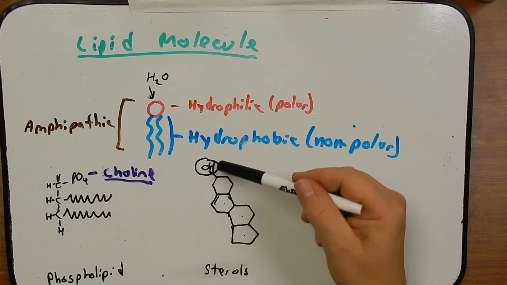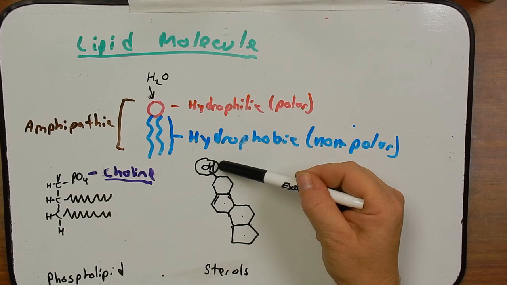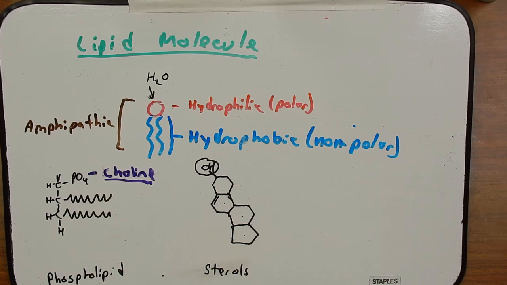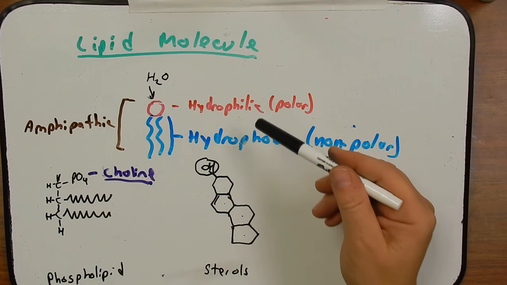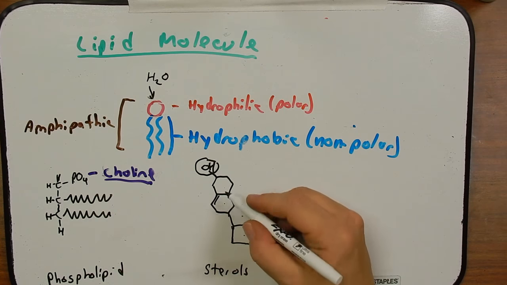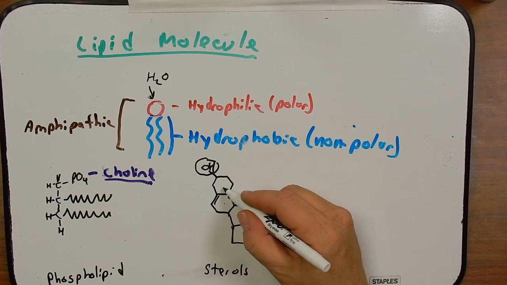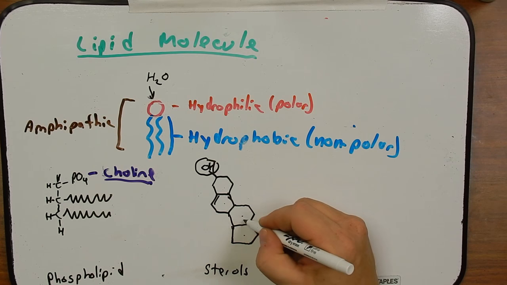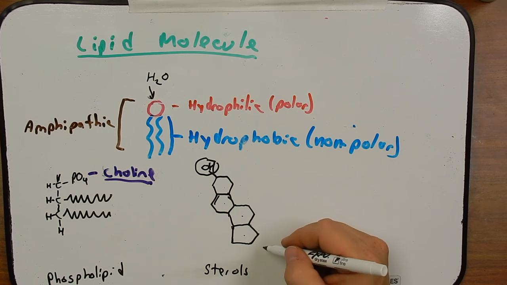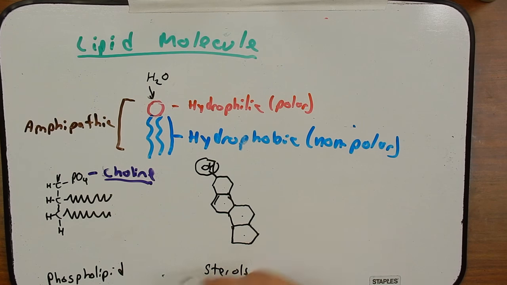I want to make sure I point that out because this is the hydrophilic portion of the sterol right there. So remember, all lipids are going to have a hydrophilic and a hydrophobic portion. Hydrophilic, hydrophobic. You'll also notice that these rings, there's 3 6-membered rings here, and then a 5-membered ring here. You're never going to have to draw this, but it would be good if you could recognize it.